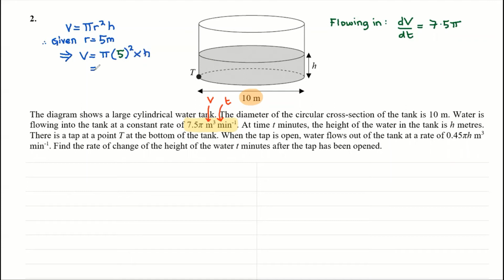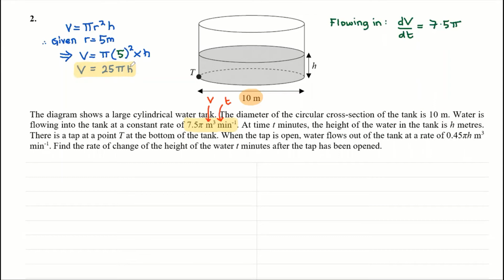In other words, it's going to be 25 pi h. That's the volume. Again, I'm going to just draw attention to that. So that's a piece of information we've deduced from the text. Okay. Now, it says at time t minutes, the height of the water in the tank is h meters. Okay, yes, we've used that.